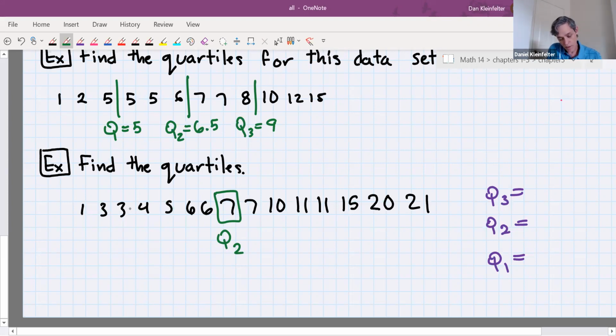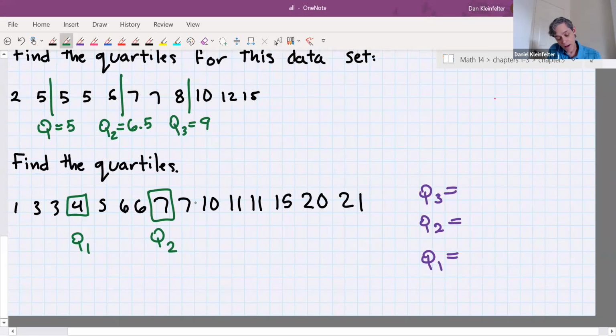So there are 1, 2, 3, 4, 5, 6, 7 numbers below. So this 4 will be Q1, the middle of our lower half. And then for the upper half, 1, 2, 3, 4, 5, 6, 7 numbers. That 11 will be our Q3, the median of the upper half.